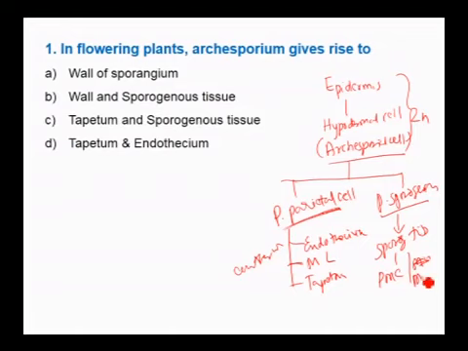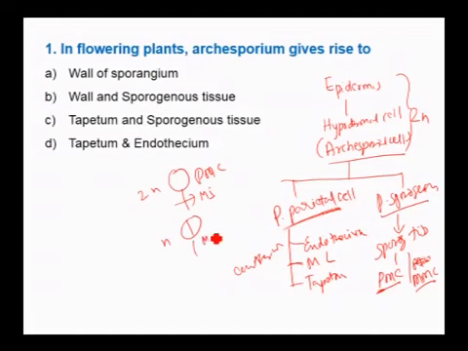Sporogenous tissue cells differentiate into pollen mother cell, or you can call it microspore mother cell. Generally we use the term MMC for megaspore mother cell. In order to avoid confusion, for microspore mother cell we use the term pollen mother cell, where each pollen mother cell, which is diploid, undergoes meiosis 1 to produce a pollen diad, haploid cells.